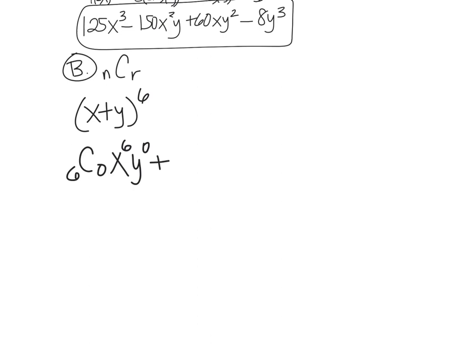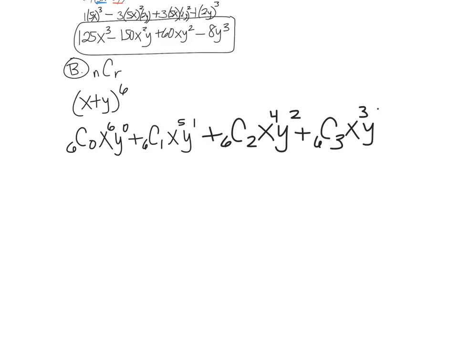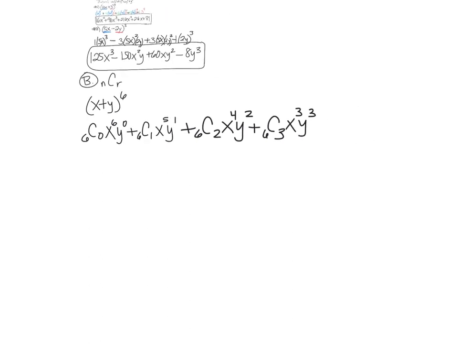Plus, the next term would be 6c1. x is to the 5th, y is to the first power. The next term would then be 6c2, x to the 4th, y to the 2nd. Plus 6c3, x cubed, y cubed. Do you see the pattern? You're going to have some more.